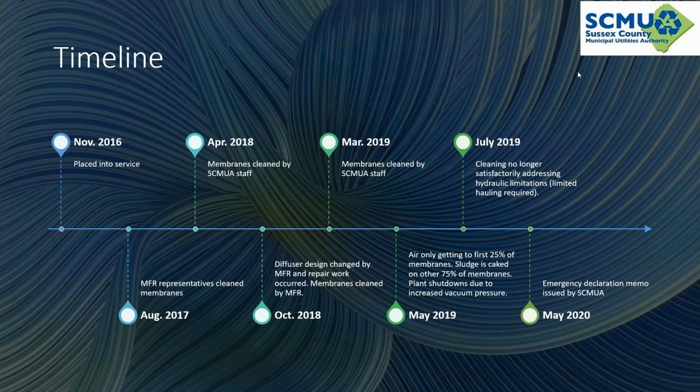That occurred in May 2019, and then pretty shortly after, in July, the maintenance cleans, the extended cleans, and the intensive recovery cleans were no longer producing the results required to maintain the type of flows needed to operate.